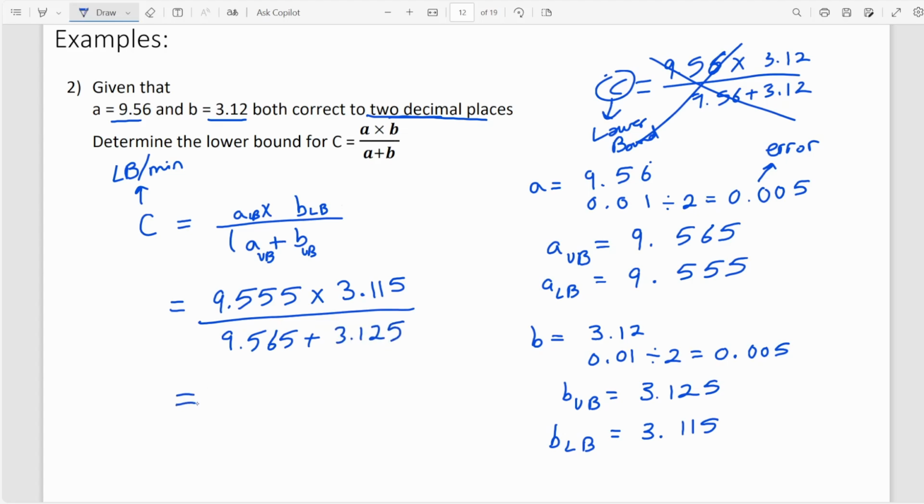And now you can go ahead and plug all of those numbers into your calculator. Okay, so we get 2.35. This answer is already rounded to 3 significant figures, okay? So again, this is the lower bound for C, the minimum of C. We did that by taking lower bound multiplied by lower bound divided by upper bound plus upper bound.